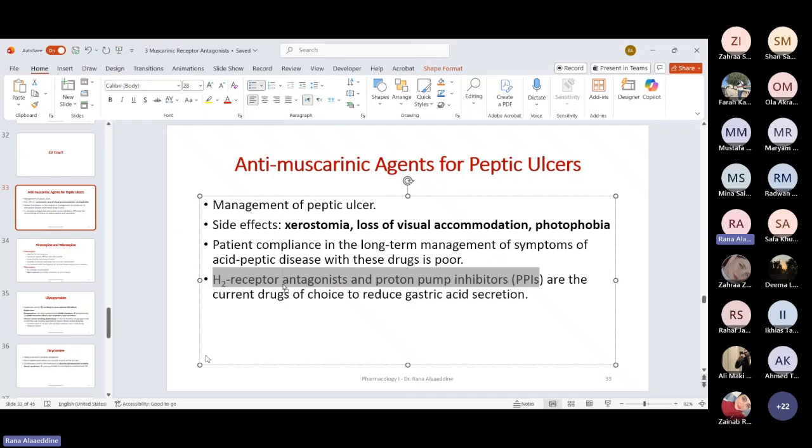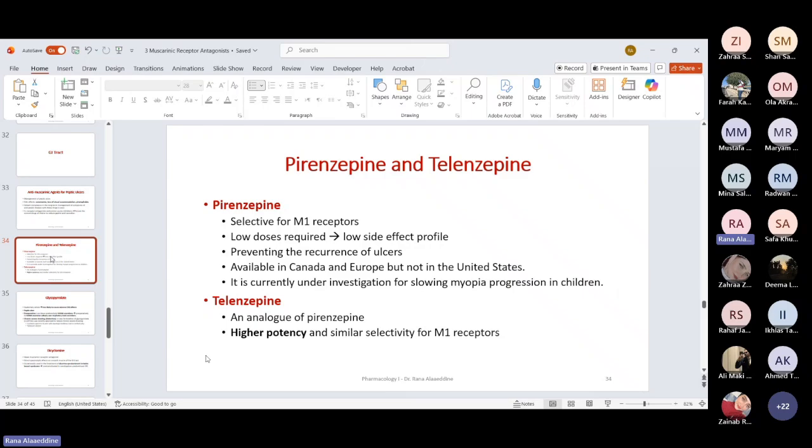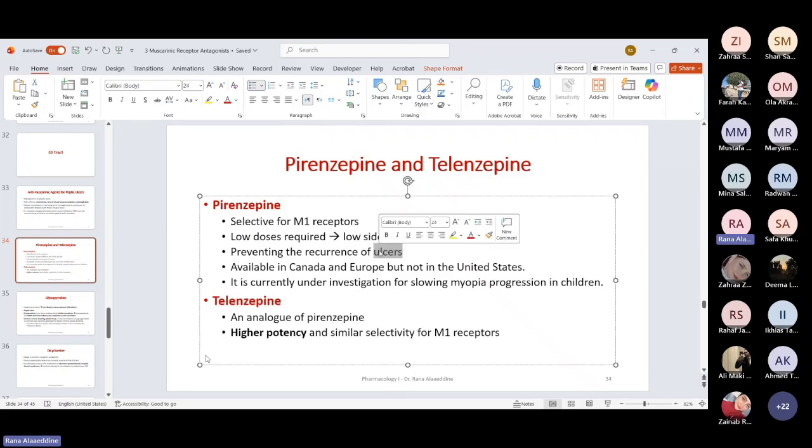Okay, so these drugs are the new classes. We don't use this anymore for peptic ulcers. But we have specifically some drugs like pirenzepine and telenzepine that can help with certain types of ulcers. If you find them somewhere, you know that these drugs are used for ulcers.